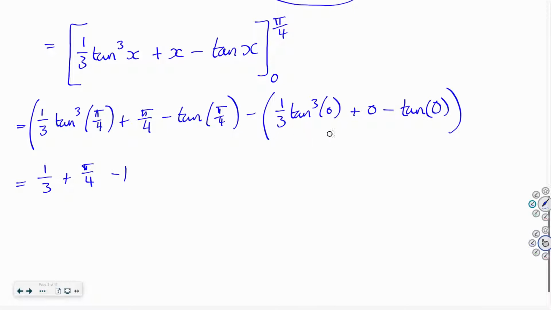And tan of 0 is 0. So all of this bracket will cancel just to give us that. A third minus 1 is then minus 2/3. And then we're just going to cross multiply to give us 3 pi minus 8 over 12 as our final answer.